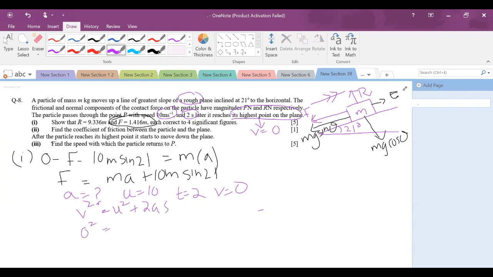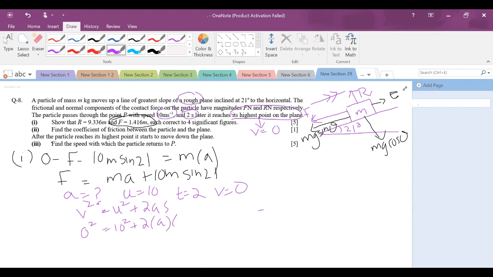0 squared equals 10 squared plus 2a times 2. Acha, we don't have s, so I've used the wrong equation.